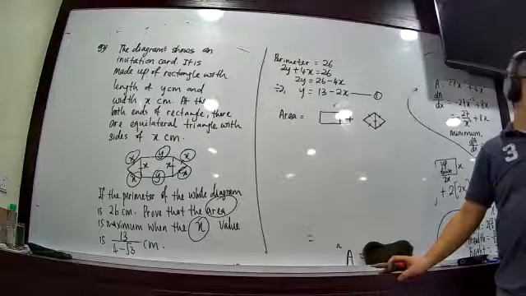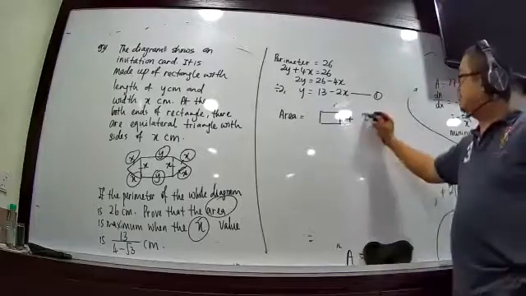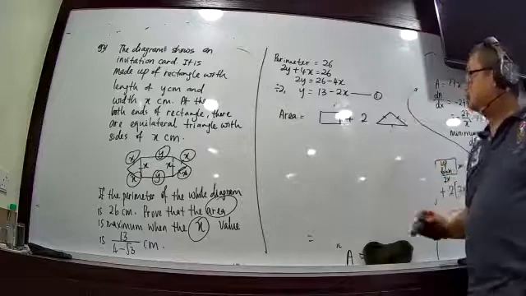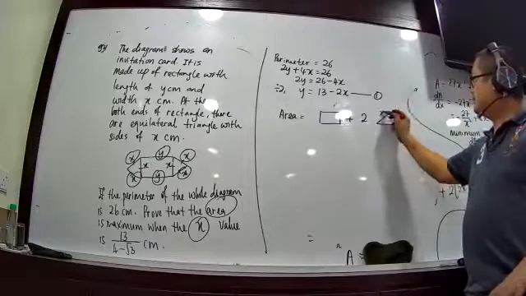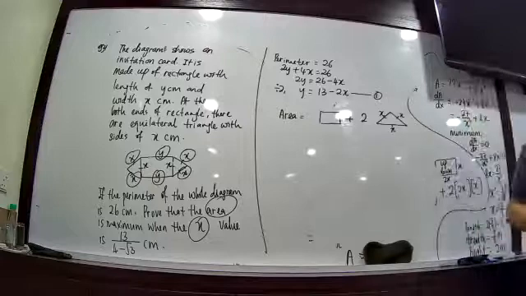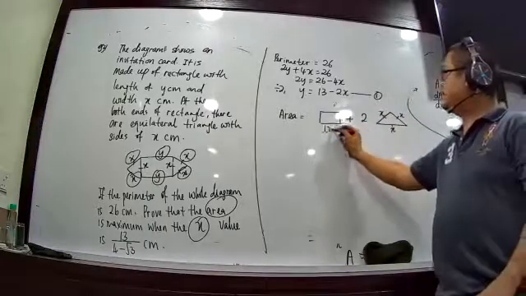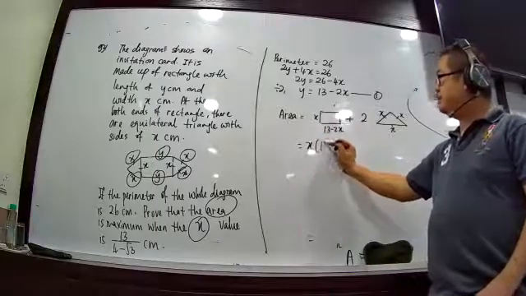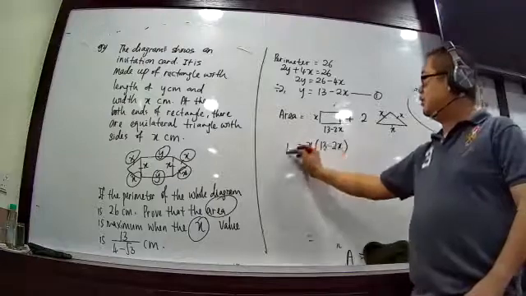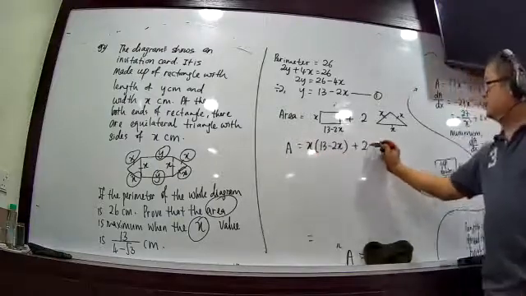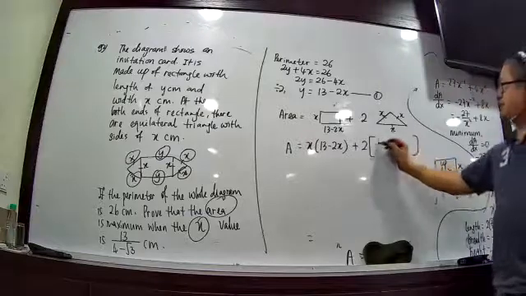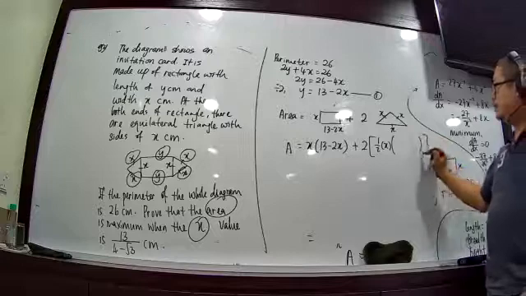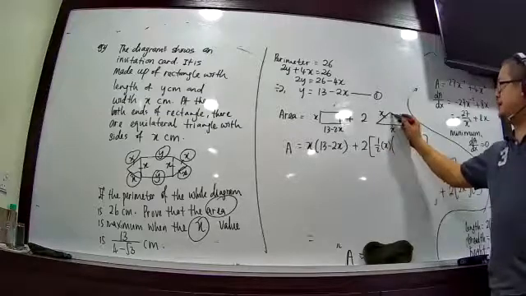The length is 13 minus 2x and the width is x, so x times (13 minus 2x), plus 2 times the triangle, 1 over 2 times base times height. Then I need to know the height, right?